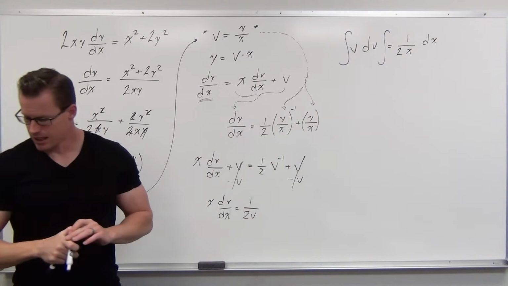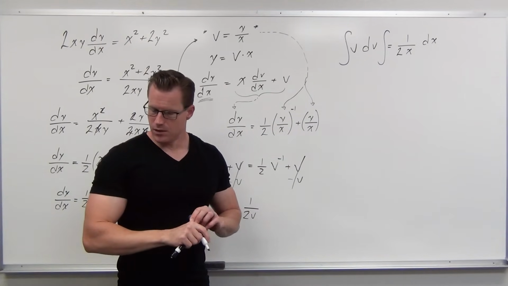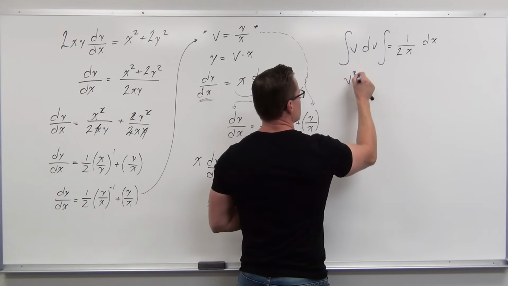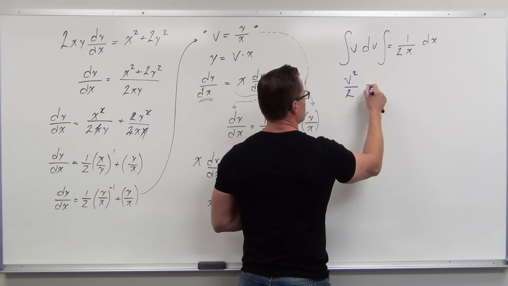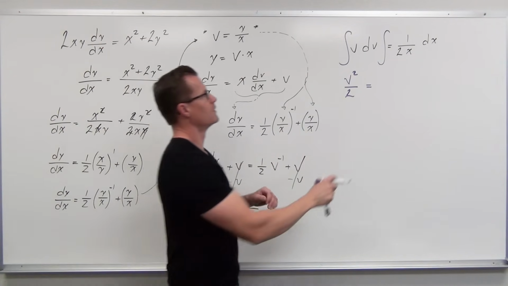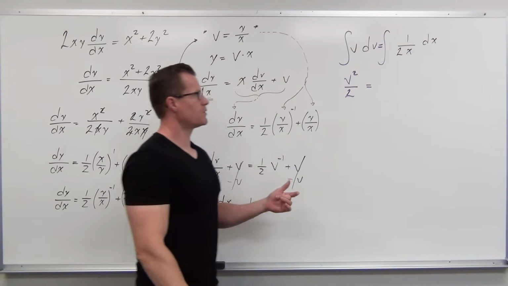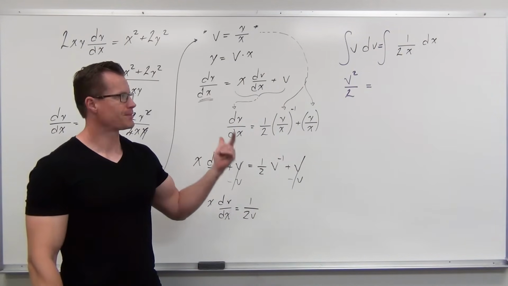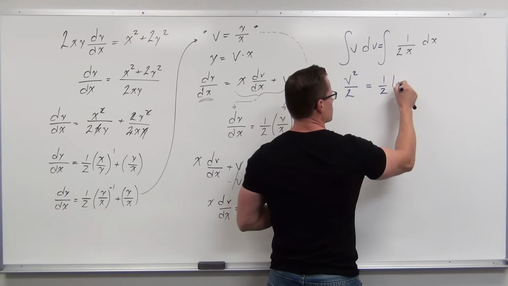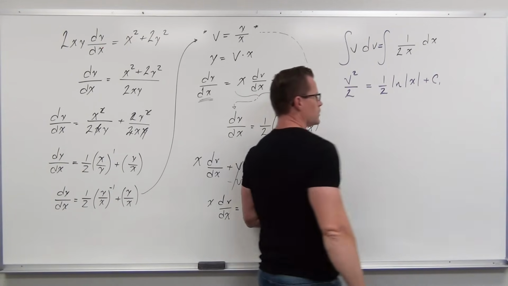On the left-hand side, when we do that, we're going to get v squared over 2. On the right-hand side, oh, wow, on the right-hand side, we'll get 1/2 ln absolute value of x plus c, of course.